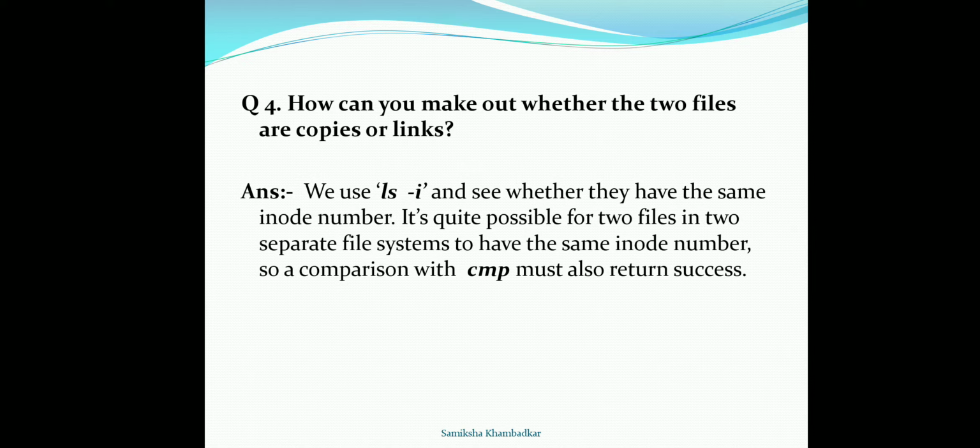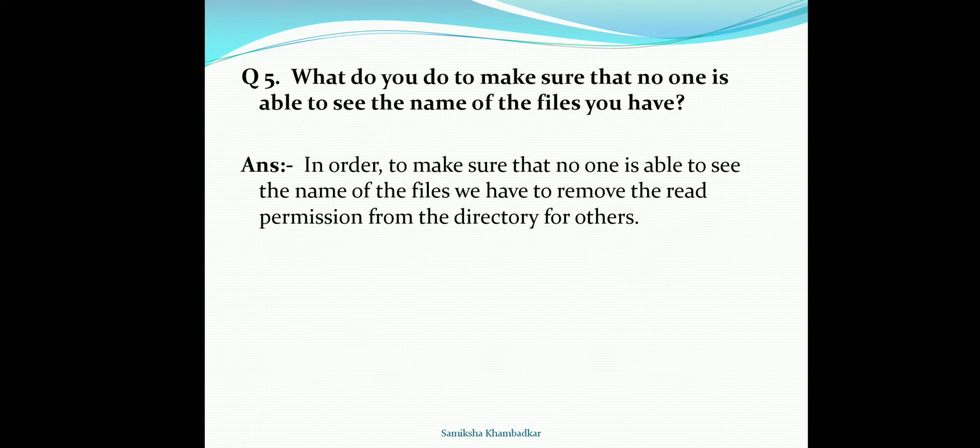Our next question is, what do you do to make sure that no one is able to see the names of the files you have? In order to do this, we have to remove the read permission from the directory for others.